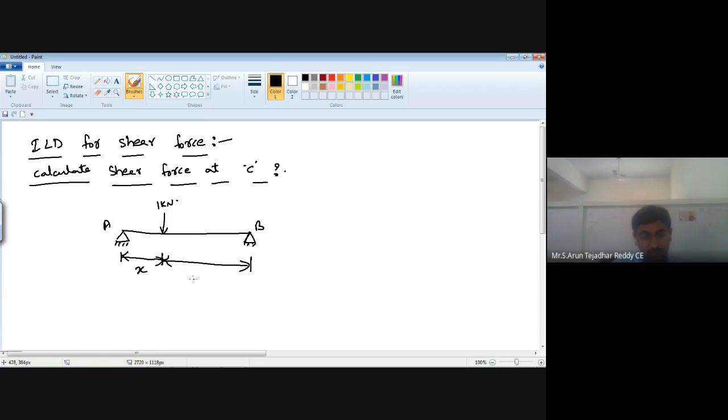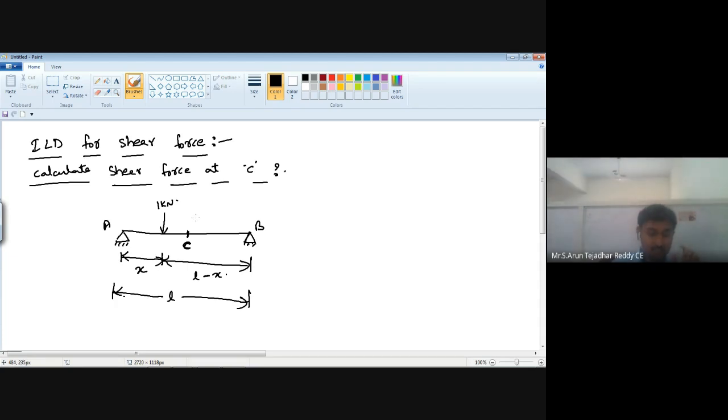Next, here it is L minus x, but the actual span from A to B is L. He is asking to calculate shear force at C, but we have only 2 points, A and B. So I will be considering a point C here. Now at this point C, I can calculate the shear force.